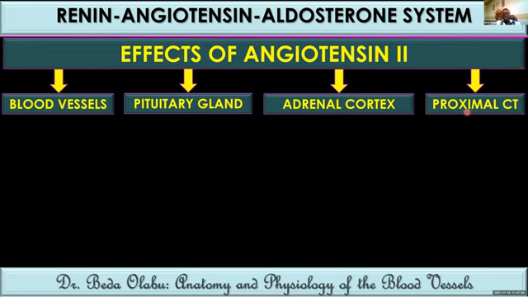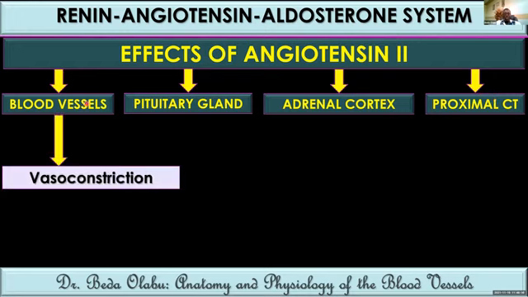Well, the 5th one is the hypothalamus itself. Because the hypothalamus is not in this slide, I will finish with it, but let me describe these ones first. Now, that means that the receptors of angiotensin 2 are present in all those sites.